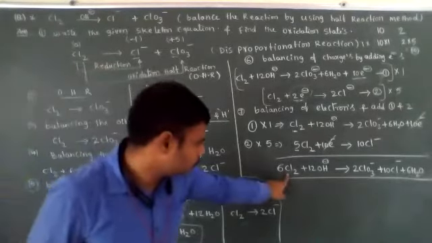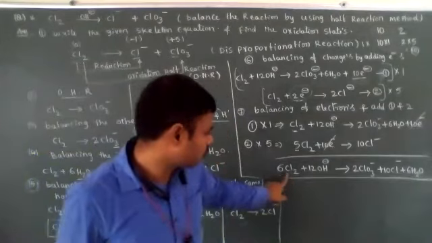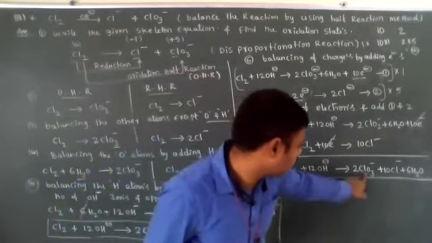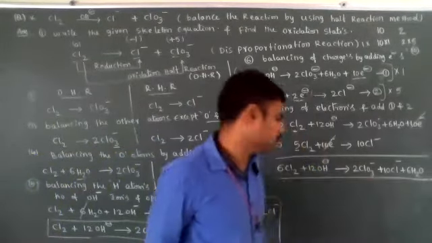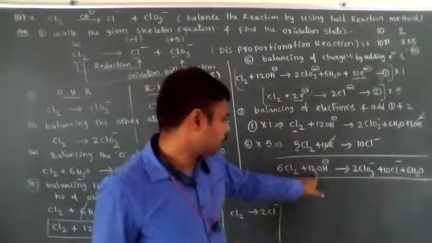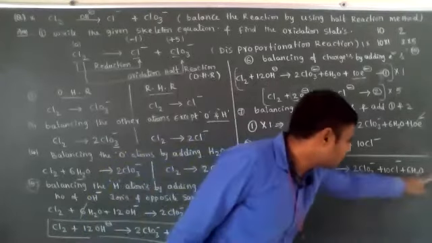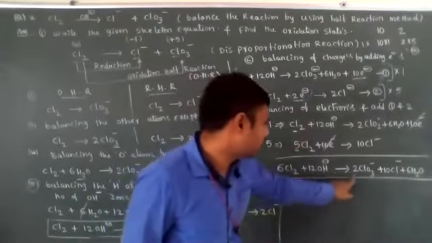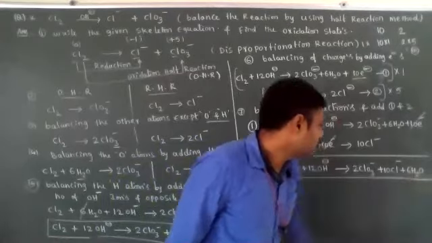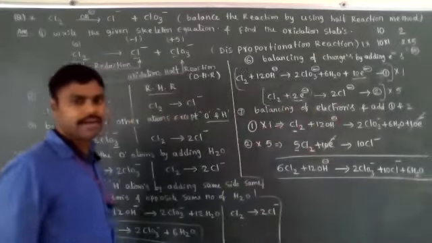See, 6Cl2 means total 12 chlorine atoms are present, and here 2 and 10, 12. Oxygen atoms 12 are present, here 6 and 6. Hydrogen atoms 12 are present, here 6 times 2 is 12. Then all atoms are balanced.